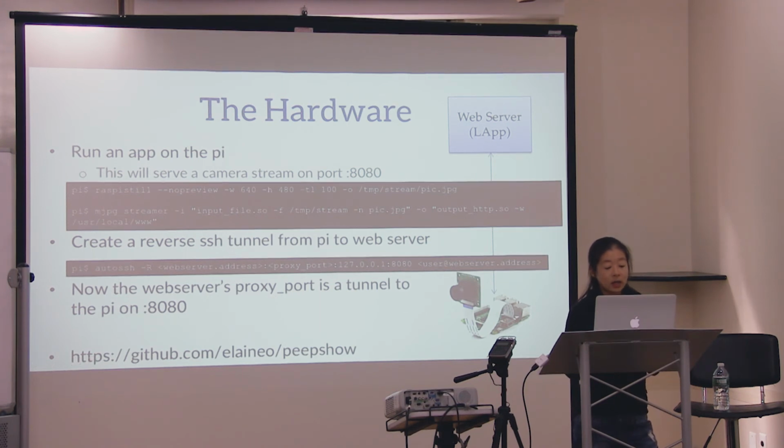So you can have a web server that talks to this Raspberry Pi camera no matter where it is. The way to do that is to create an SSH tunnel from the Raspberry Pi back to the server. I don't know if you can read this, but it's just an SSH command that creates a reverse tunnel. You run it on the Pi and it connects to the web server.